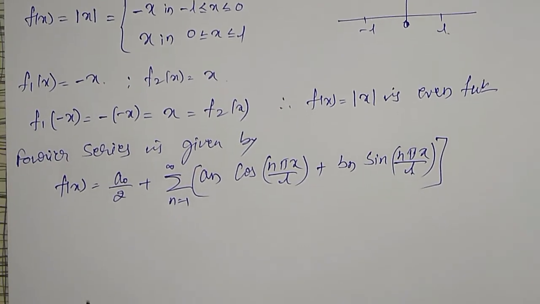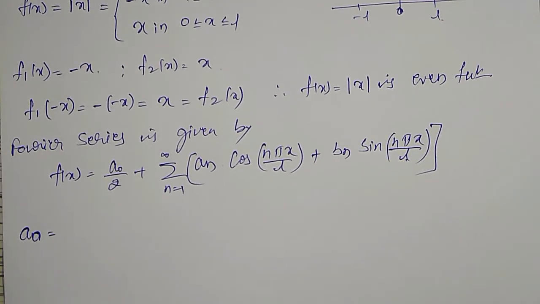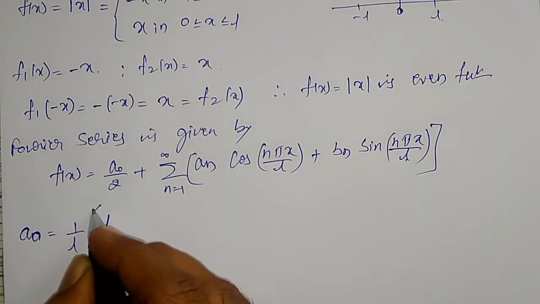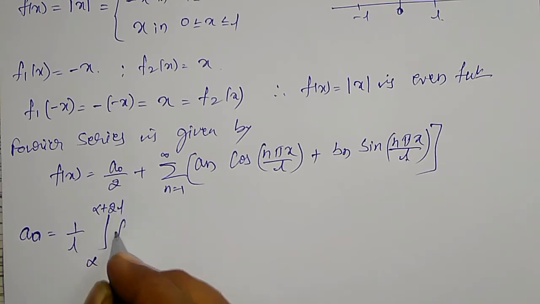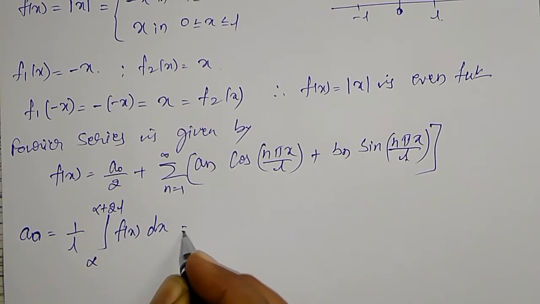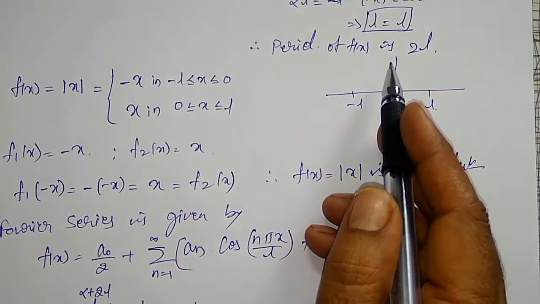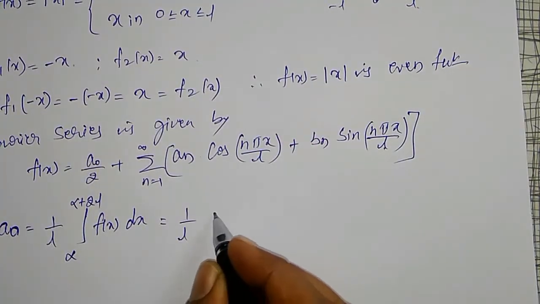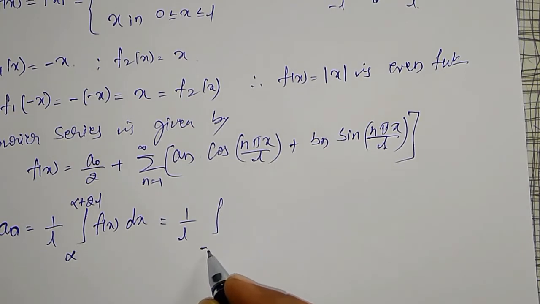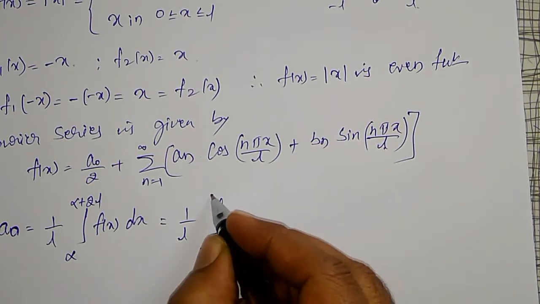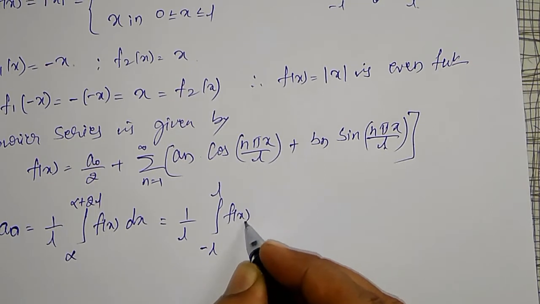Then the Fourier coefficients: first a0 I have to calculate. a0 is given by 1 by L integration from alpha to alpha plus 2L of f of x dx. Substituting, L is the same, I have proved L is equal to L. Therefore 1 by L integration from minus L to plus L of f of x dx.